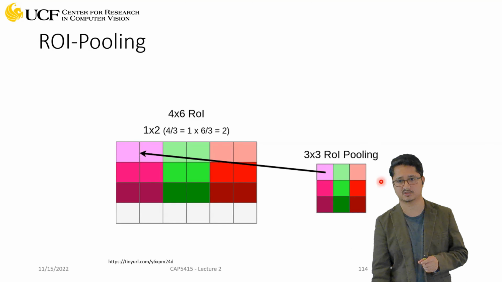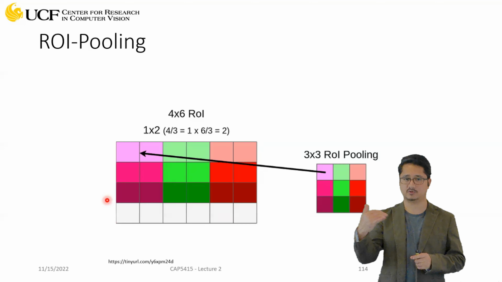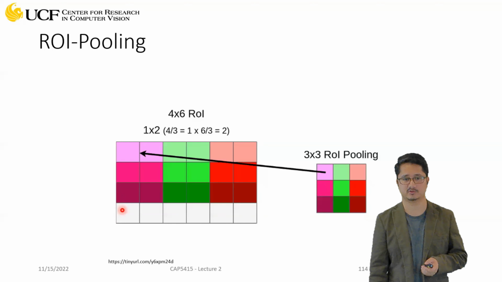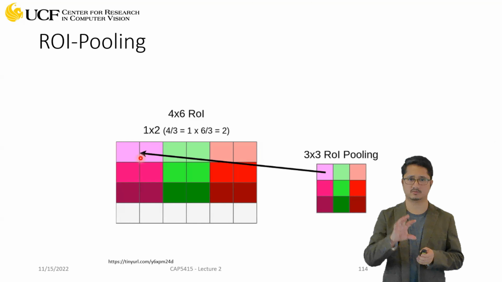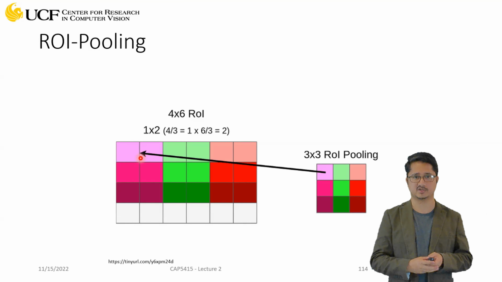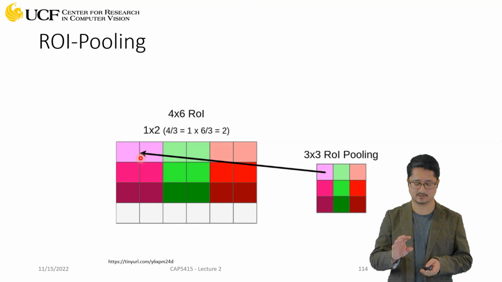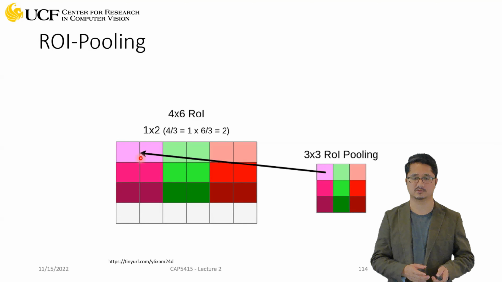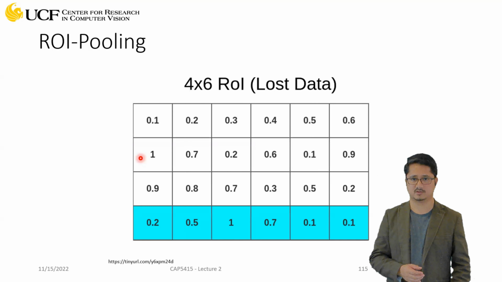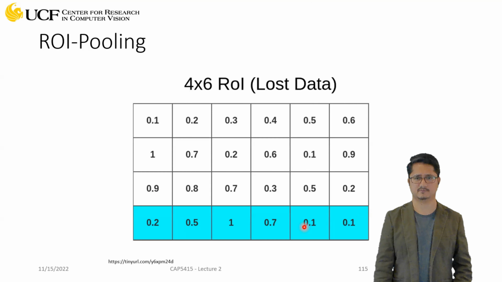You can have different variations, but you will have to ignore the last row because that's not fitting into the picture. How will you use that information? It's not completely dividing. So again, this is loss of information. There are multiple ways we are losing information, and later we will see how we can address this. But at least in Fast RCNN, this is how it was done.